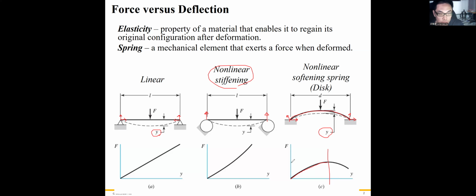When the force reaches the limit and the deflection is still going, it's still elongating. However, the force decays. The force decreases as the elongation increases.